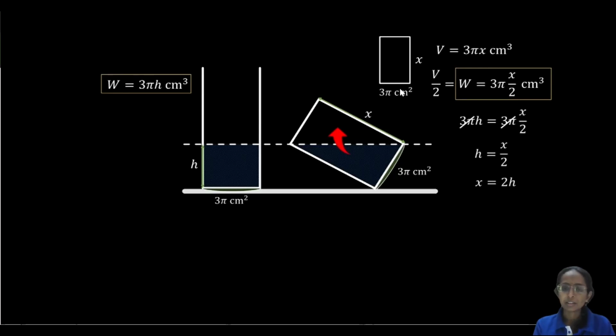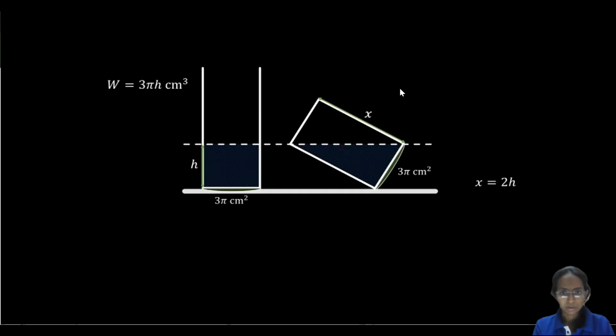Still, we don't have h or x. So what are we going to do to find h or x? Because for finding the volume we need h. Now see, in this triangle the height of the water is h, and the height of the other cylinder is x.